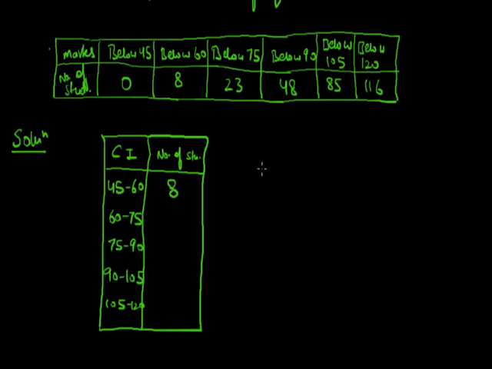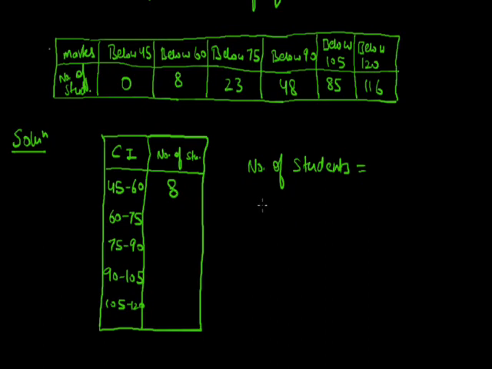Now below 75. If we need the number of students between 60 to 75, what do we need to do?